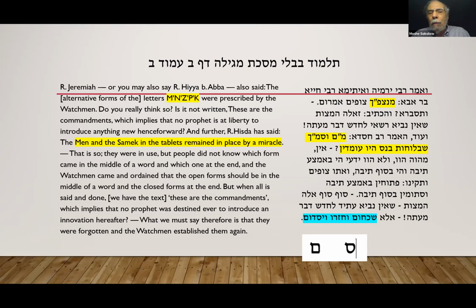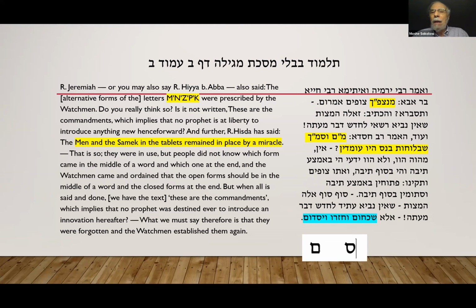So if you take a look carefully, the initial or middle form of the letter mem is not entirely enclosed. Only the final form of the letter mem is entirely enclosed, which means that according to Rav Chisda, the only one of these 2 mems which had to be suspended miraculously in the luchot would be the final form of the letter mem, not its initial or middle form.